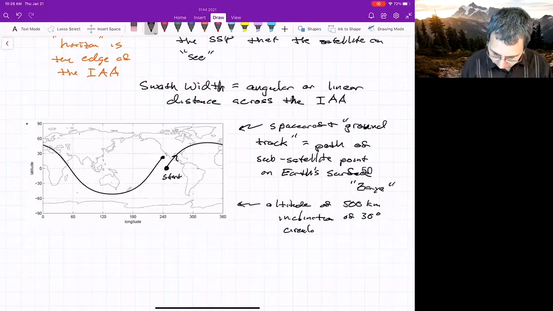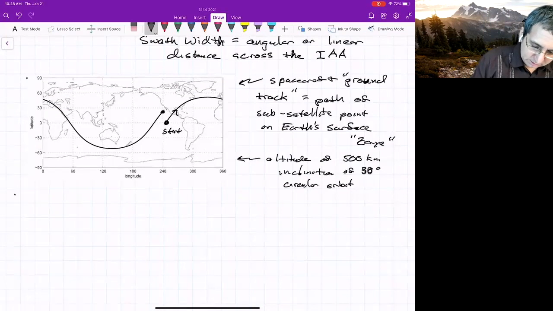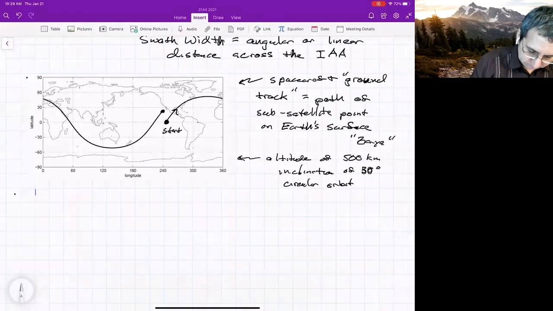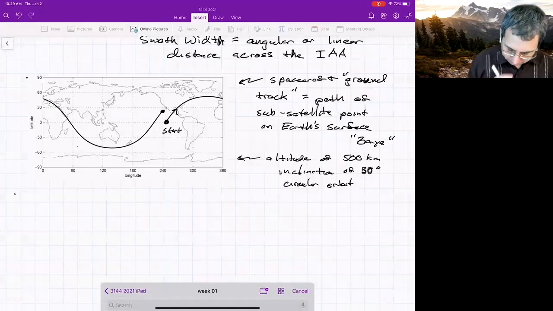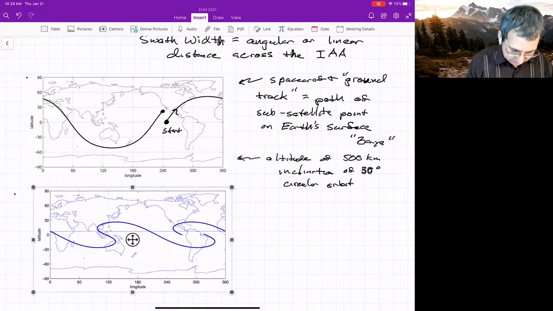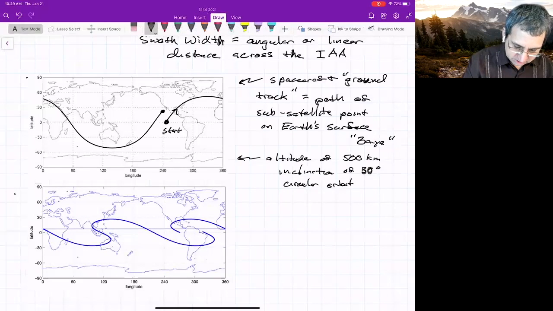That's one example. This is a circular orbit. They don't look so insane. But if we have an inclined orbit, it looks kind of insane. So here's an inclined orbit. Look at that, that's crazy. This is just another example.